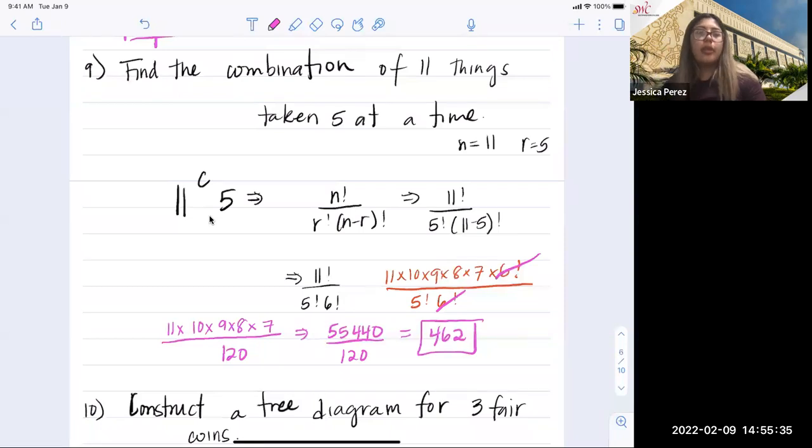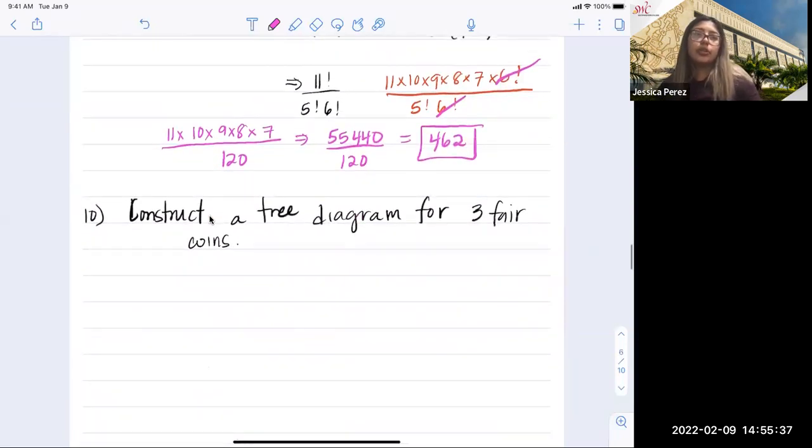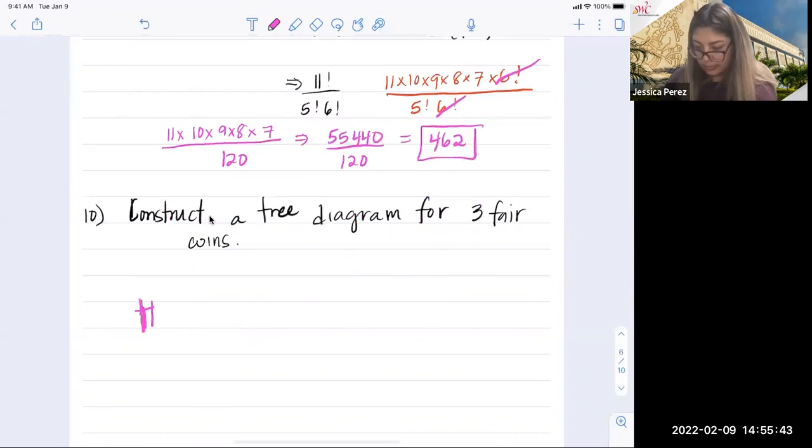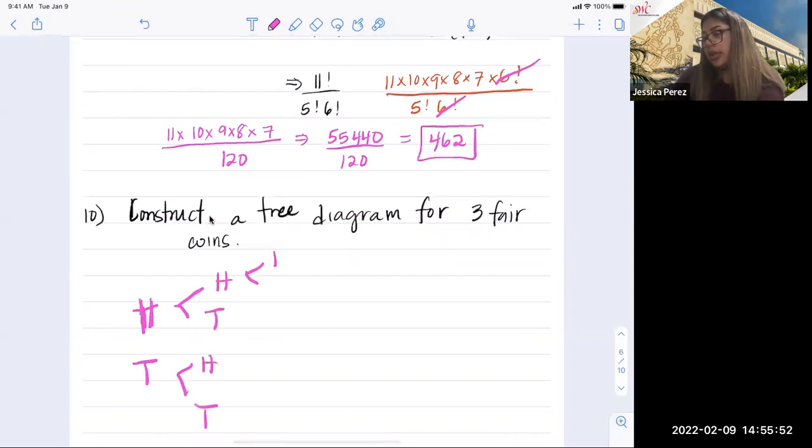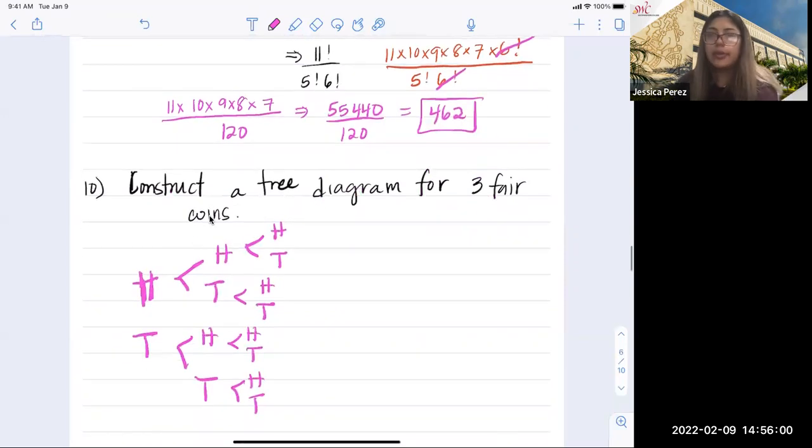Okay. Now you want to construct a tree diagram for 3 fair coins. So the first is either heads or tails. The next one is either heads or tails, and so on for each branch. So then all you have to do is count.